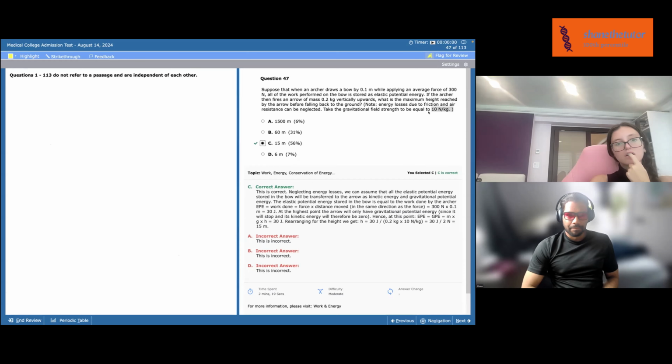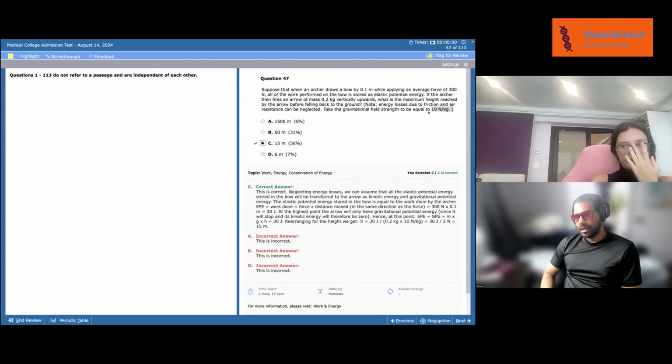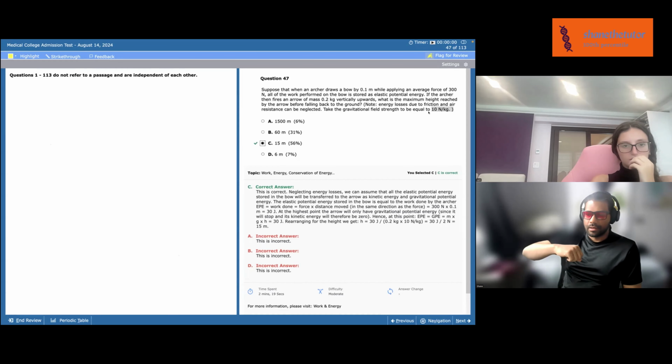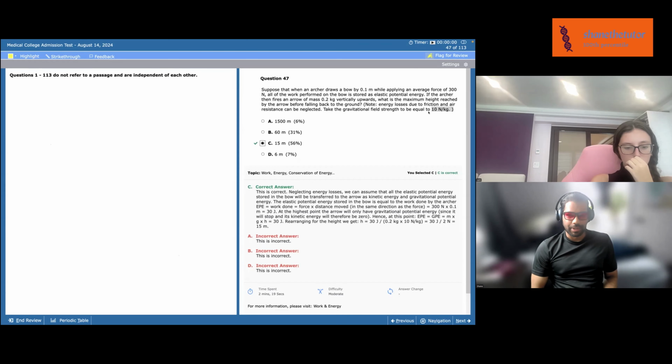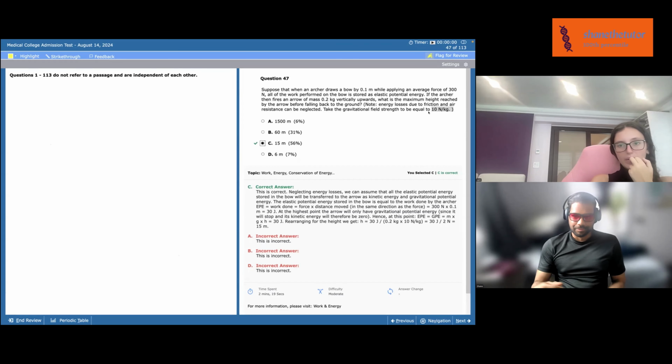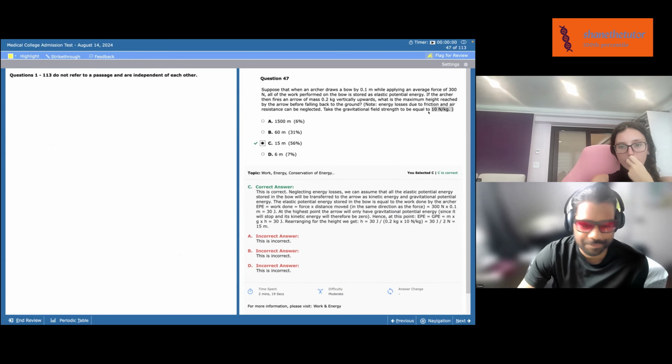Kinetic. Well, it'll gain that, but at the highest point, it's potential, right? So gravitational potential energy. Do you remember the formula for that?